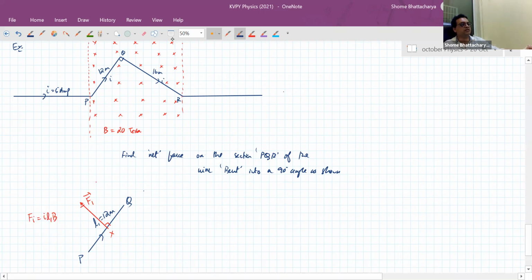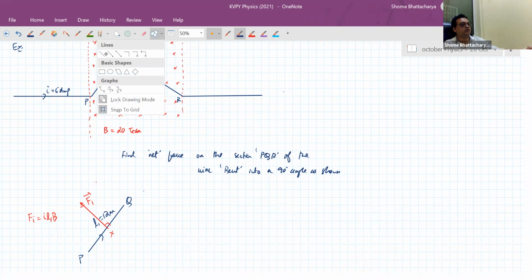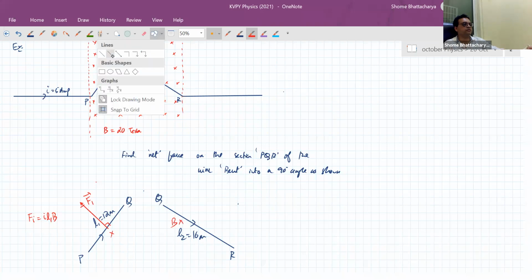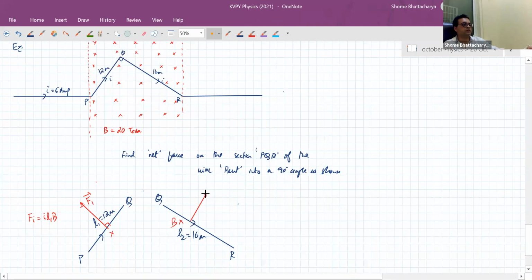Now similarly, the other section QR will experience, so this is 16 meters in length, and here also the magnetic field is going into the plane. So now I L cross B will be in this direction. This angle will be 90.